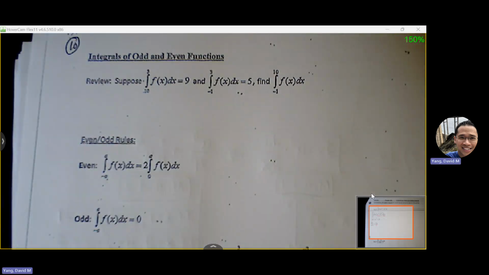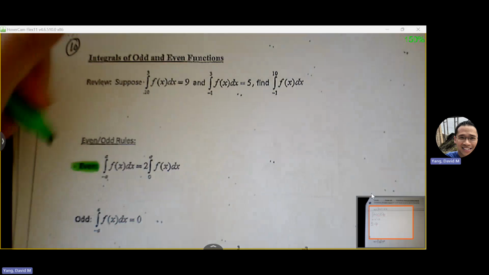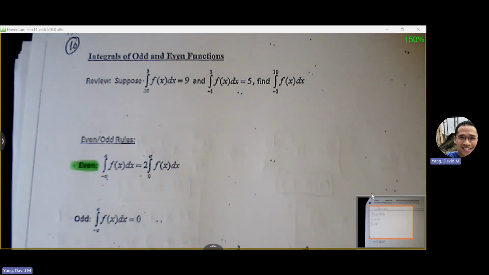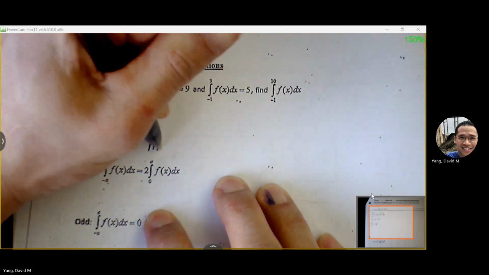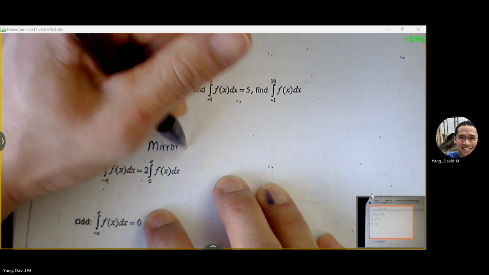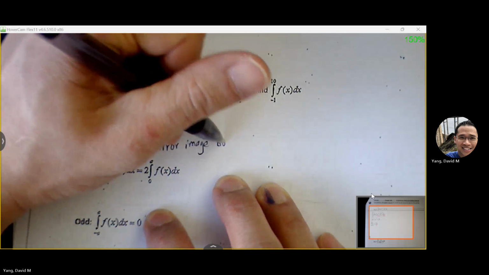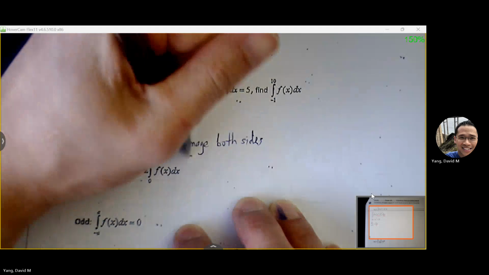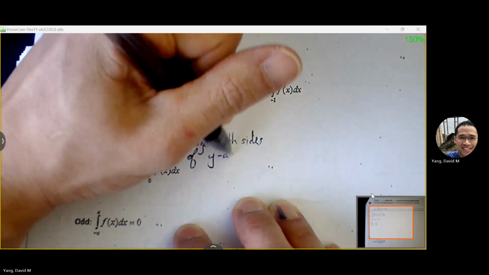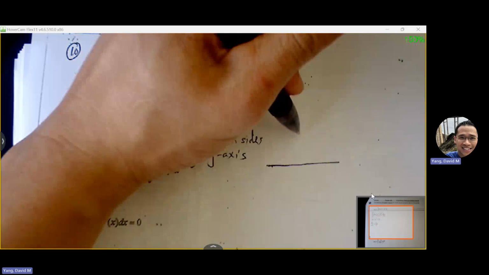So first, starting off with even. An even function is one where you see a mirror image on both sides of the y-axis. So a graph that looks something like this.